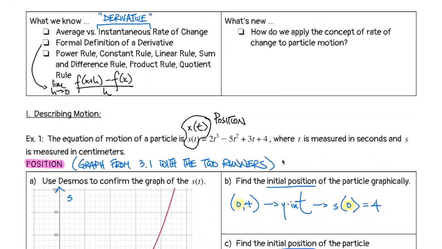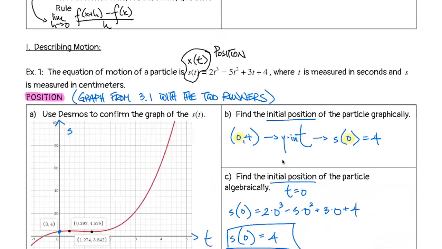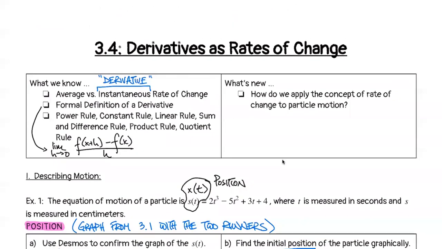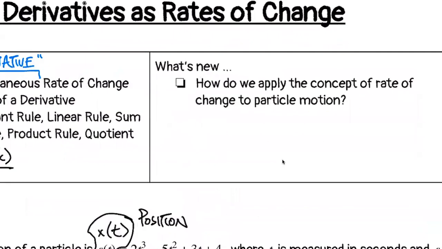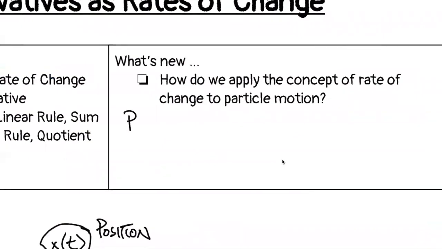And so it turns out that we have three different ways of describing motion, and maybe we should write these up at the top. We have position. We usually notate that as S of t or X of t, all right?